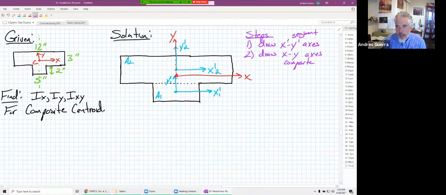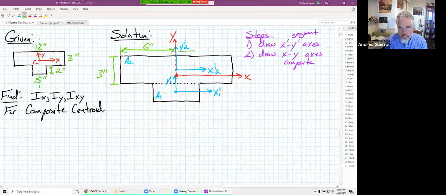So once we draw those, we can start to look at things like, okay, how are we going to find our composite centroid, right? We don't know where the composite centroid is. We know where the centroid of each segment is located. And let's get our geometry up here. Like this is 3 inches right here. This whole distance across here, we know that is 6 inches.